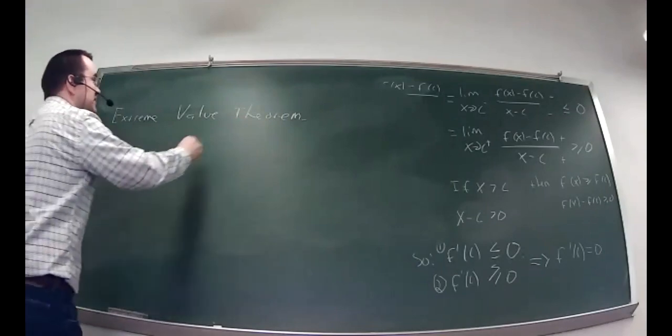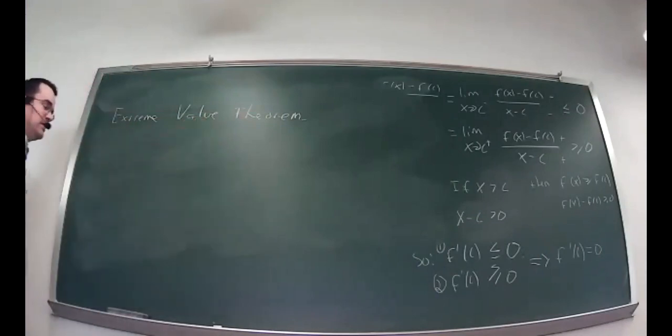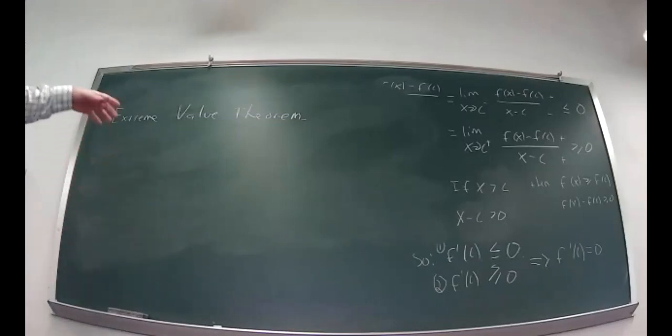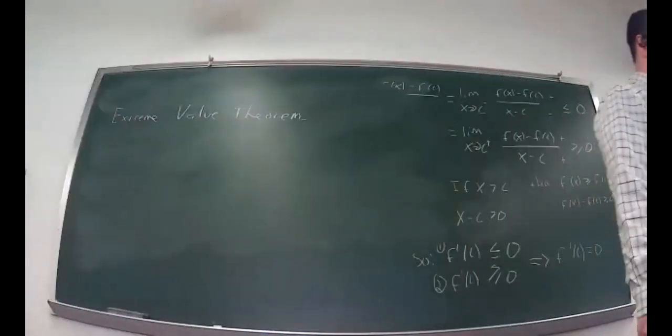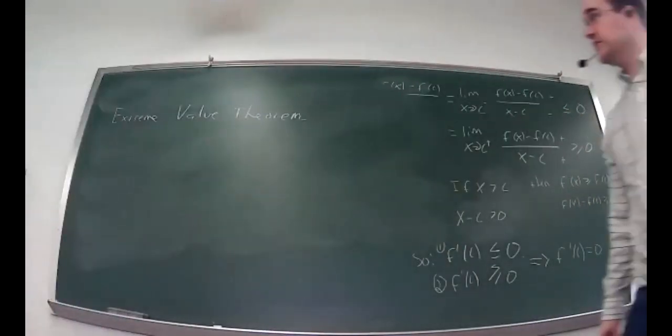No, it means it's a theorem about identifying extreme values, about identifying absolute maxima and minima. So we've just done Fermat's theorem, we've just talked about local maxima and minima. So what about absolute maximum and minimum values? This is a theorem that deals with that.